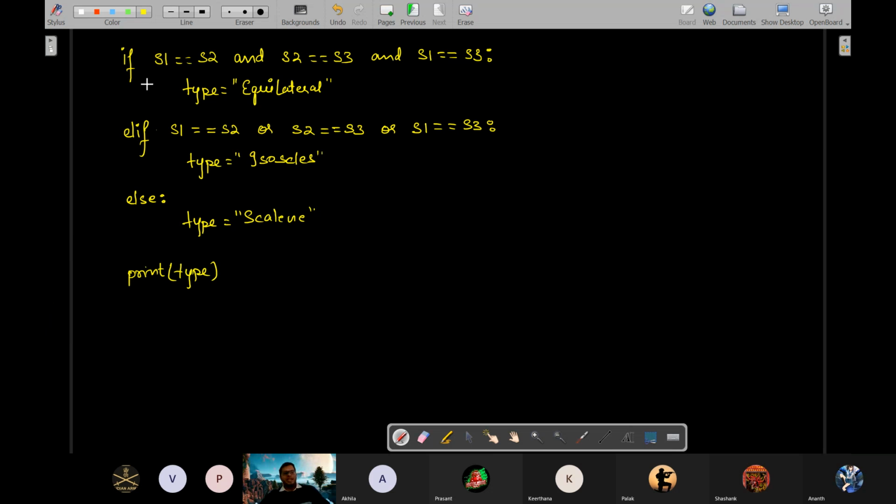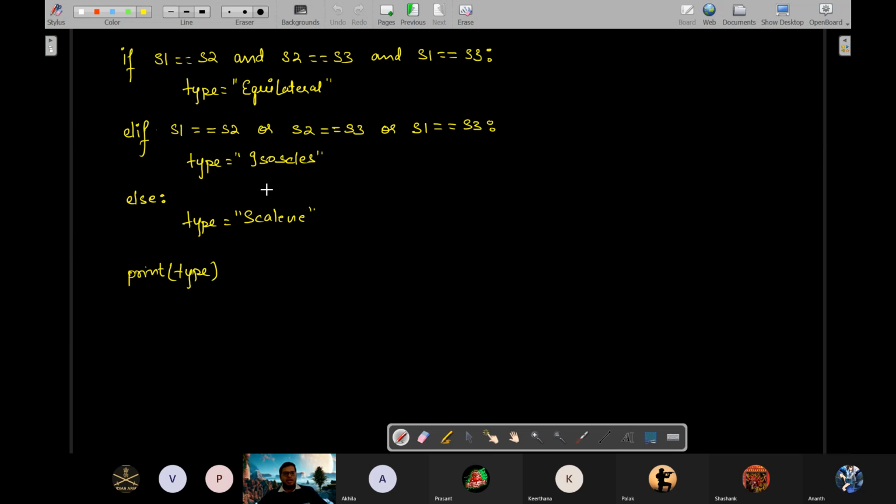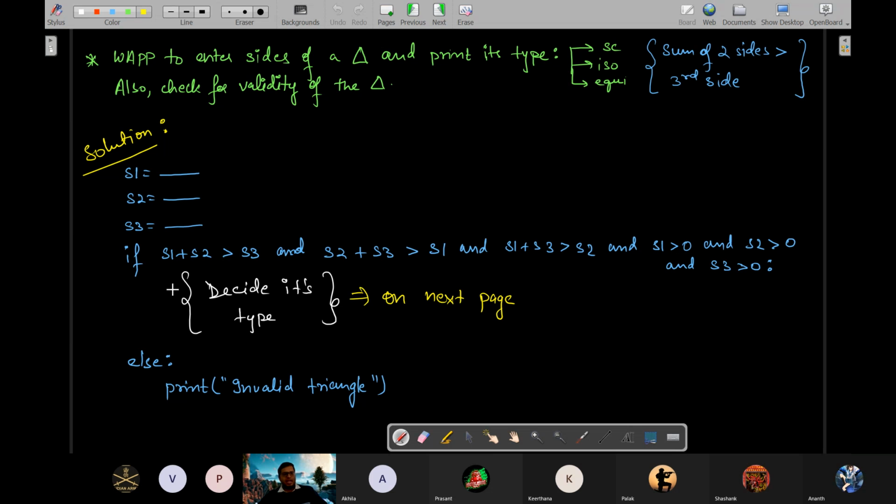देखो, and this entire thing you are going to put where? In this decide its type वाले में लिखेंगे. ठीक है? So first we will check if the triangle is valid or not. If the validity holds, then we are going to put this code in the body based on the nature of the sides. Okay, we'll write this code whether it is equilateral, isosceles or scalene. Else, that means the triangle is not valid, we'll write invalid triangle. ठीक है?